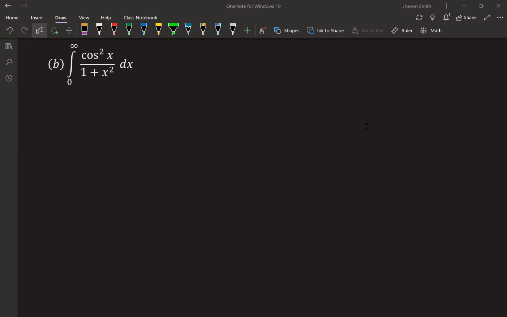Suggestions? Here I have another trig function in play. There's a cosine squared. What can you tell me about that, and what can you infer from that?